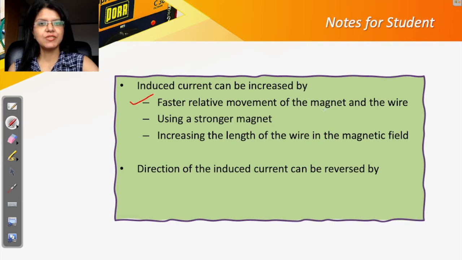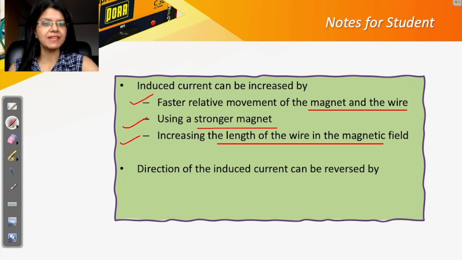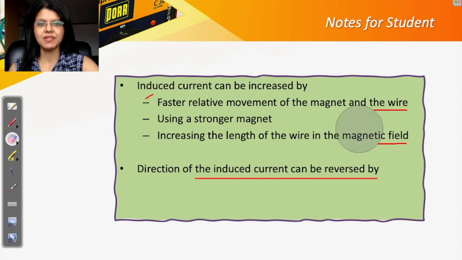Faster relative motion of the magnet and the wire will produce more current, or else you can use a stronger magnet. Thirdly, you can increase the length of the wire in the magnetic field.